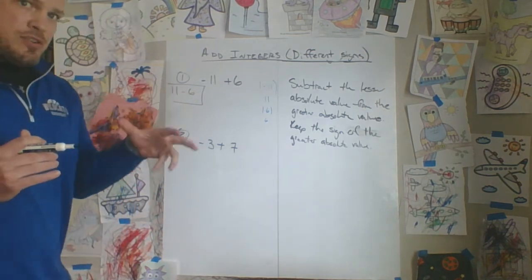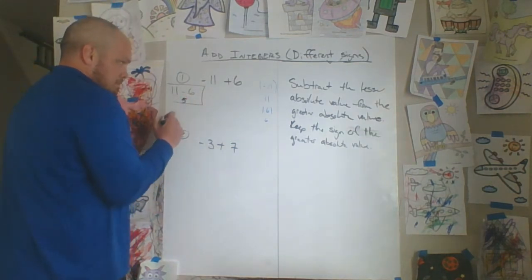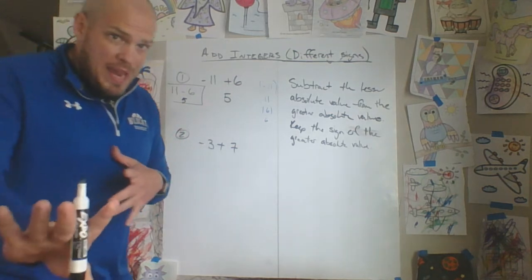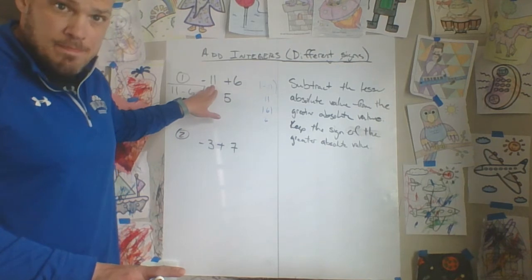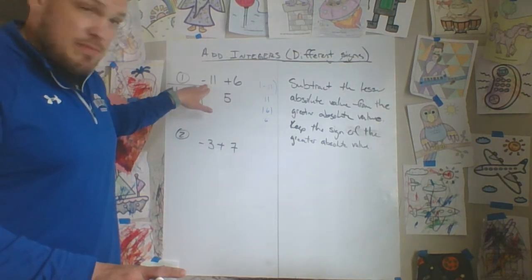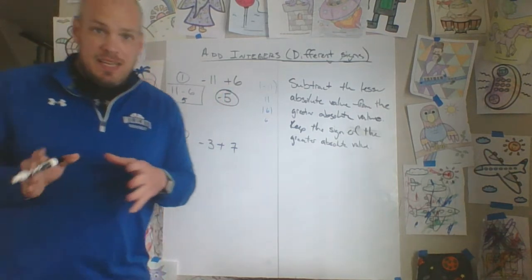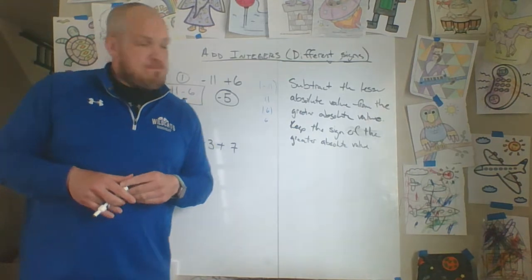We're going to subtract the lesser absolute value from the greater. 11 minus 6 is 5. So my answer is 5, but wait, we have to see which one had the greater absolute value. Well, 11 did. The sign of 11 was negative, so my answer is negative 5. Negative 11 plus 6 is negative 5.